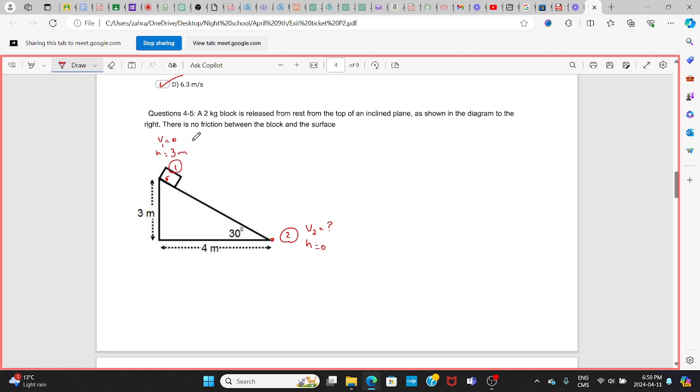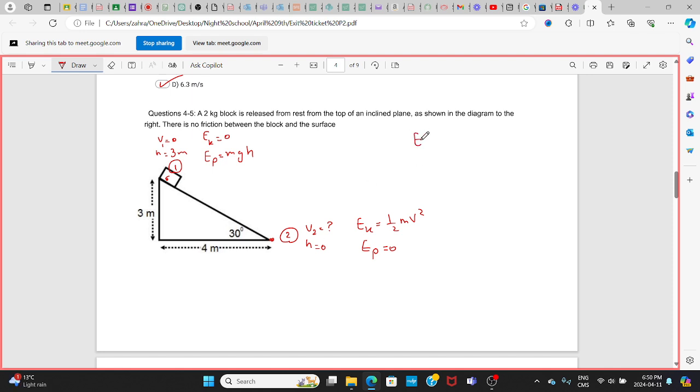So according to this information, at point 1, my kinetic energy should be 0 because velocity is 0. And I have potential energy, which is going to be mgh, and my h is 3 meter. At point 2, we do have kinetic energy because it will have some velocity when it slides down, half mv2. And of course, potential energy is going to be 0 because there is no h here.